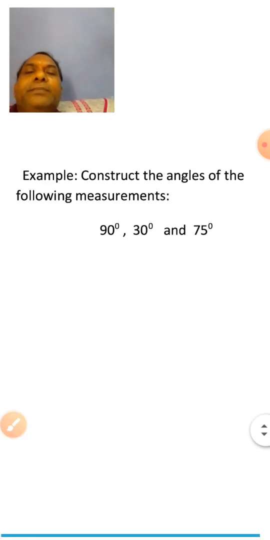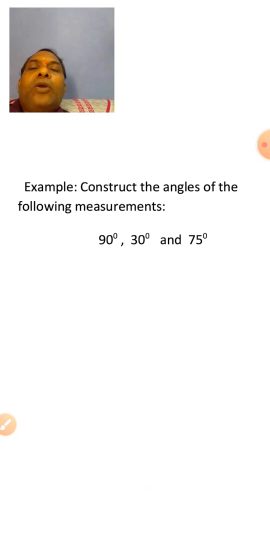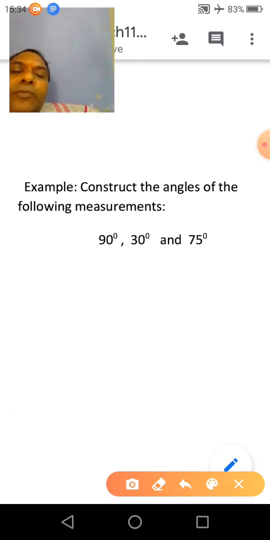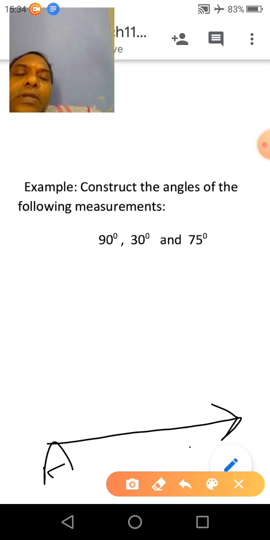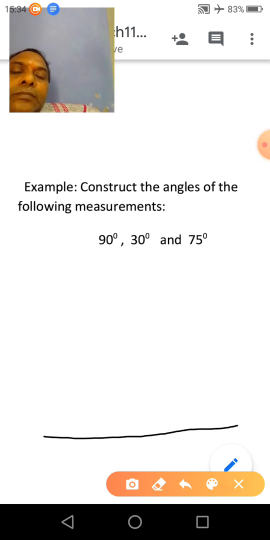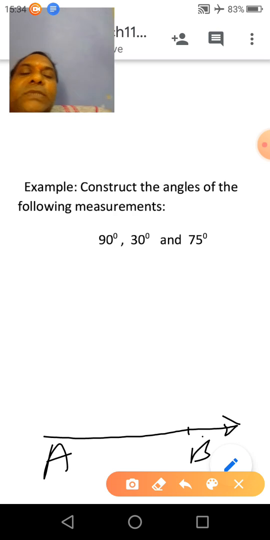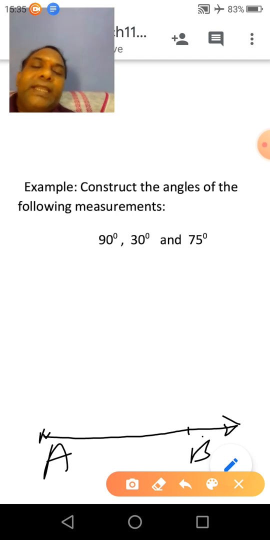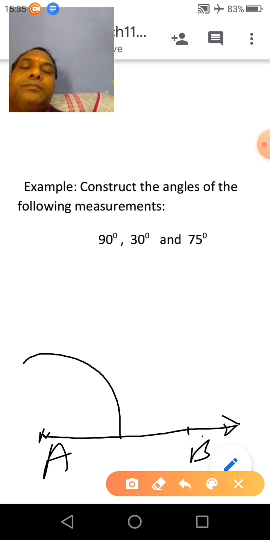Now here construct the angles of the following measurements. Suppose you have to draw an angle of 90 degrees. So draw a ray, suppose ray AB. Clear? Now taking A as center and an arc of any radius, draw an arc which intersects AB at the point D, let.